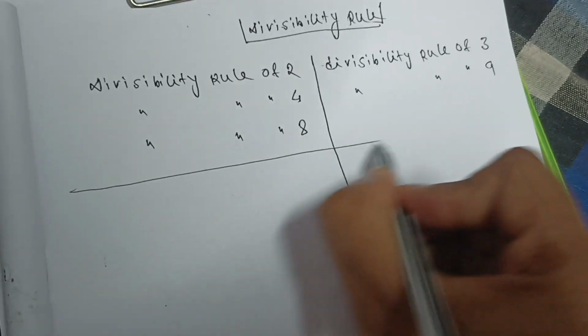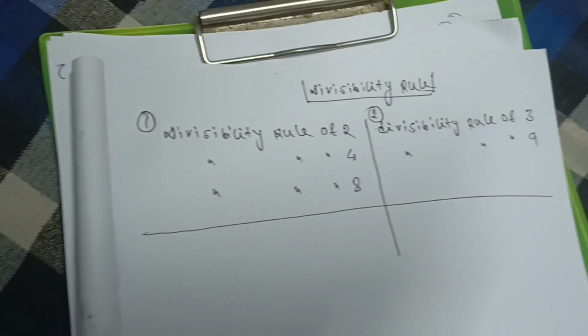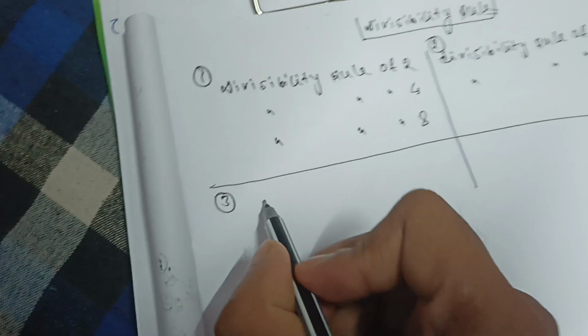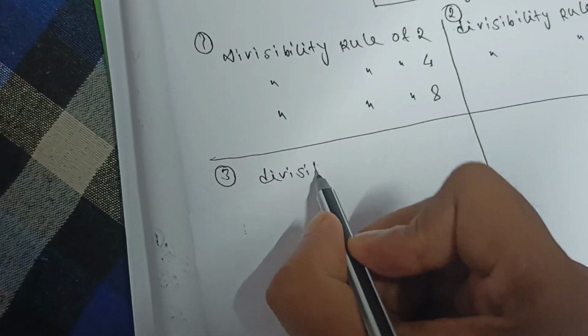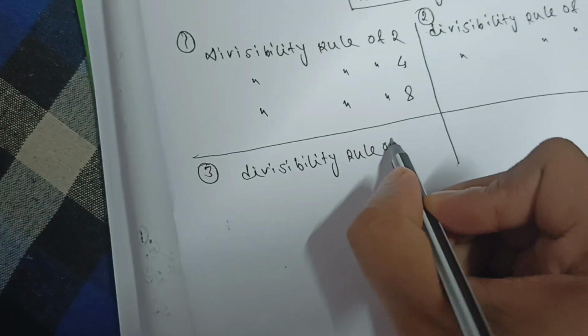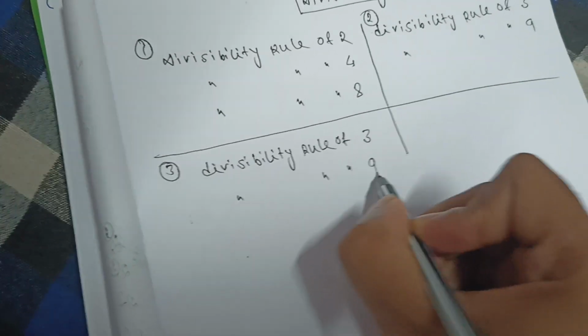So this is group 1, this is the second group, and in the third group, divisibility rule of 3 and divisibility rule of 9.